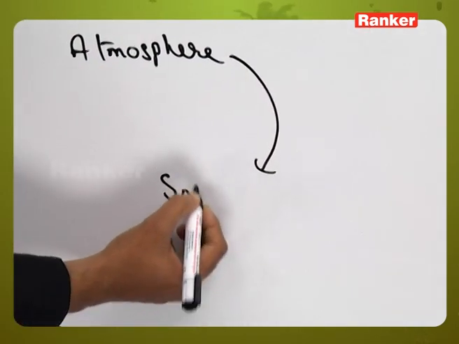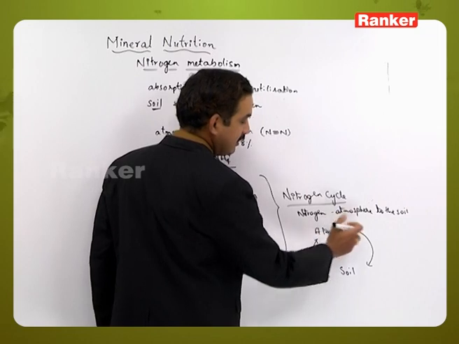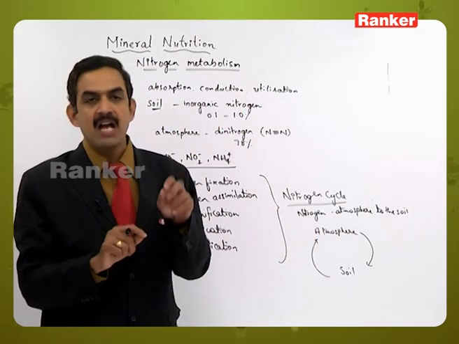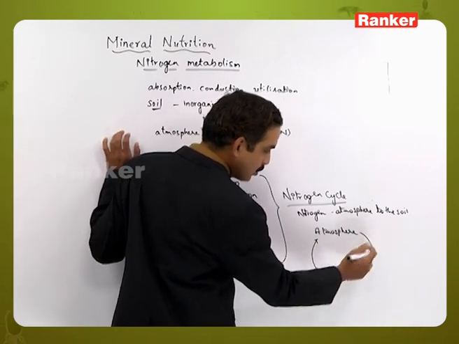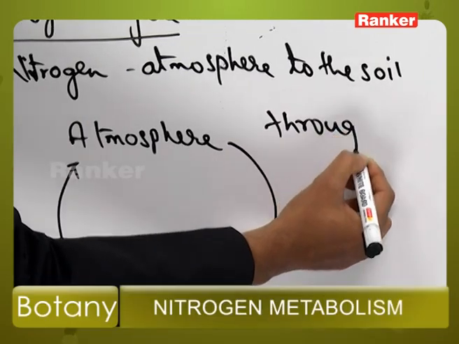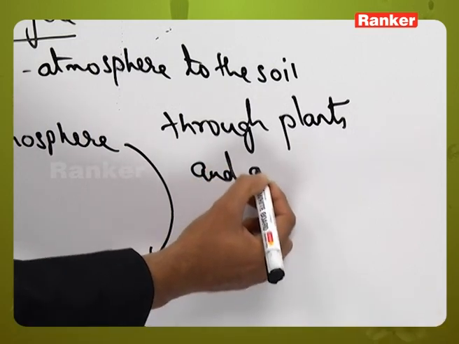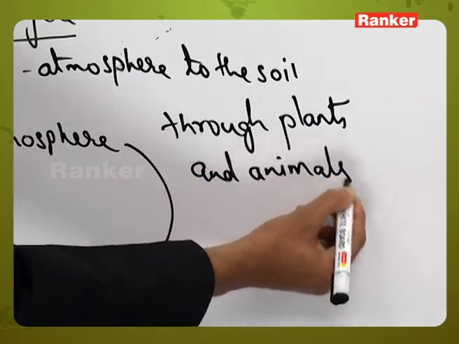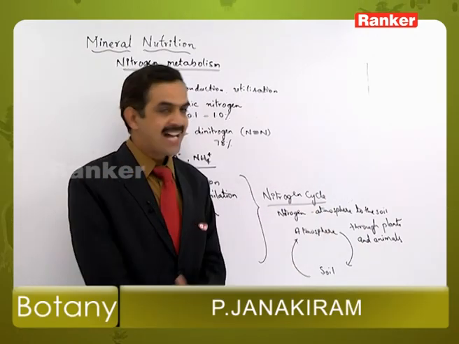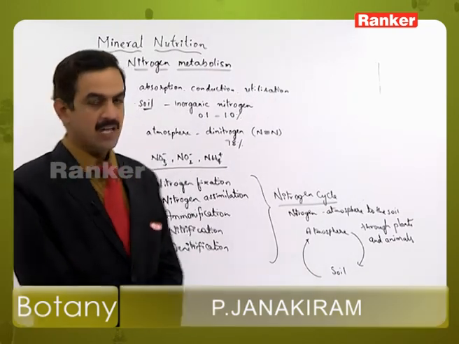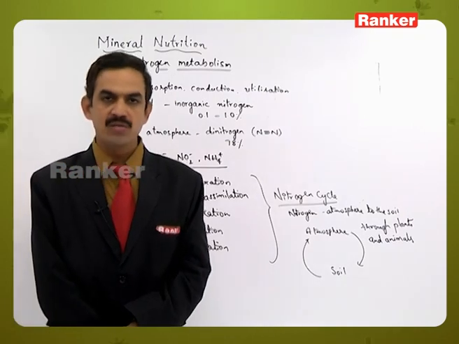That means atmosphere to soil, and once again soil to atmosphere. The nitrogen moves between these two in a cyclic manner through plants and animals. This cyclic movement of nitrogen from atmosphere to soil and from soil to atmosphere through plants and animals is called the nitrogen cycle. All of this will be studied under these 5 subheadings. Let us start with the first one, nitrogen fixation.